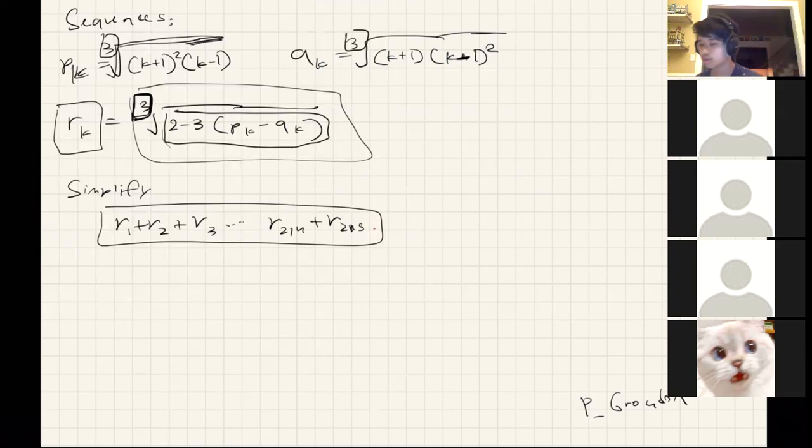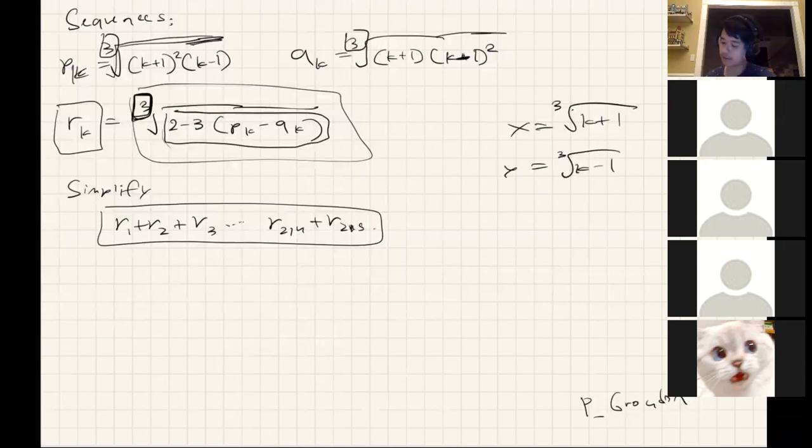Okay, what else? The other thing is to notice the k plus 1, k minus 1 terms, right? K plus 1, k minus 1 terms. So the interesting thing is, you might have seen that we might be able to do something if we set one variable, I guess call it x, equal to the cube root of k plus 1, and y equals the cube root of k minus 1, okay?